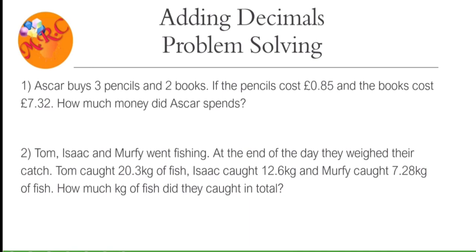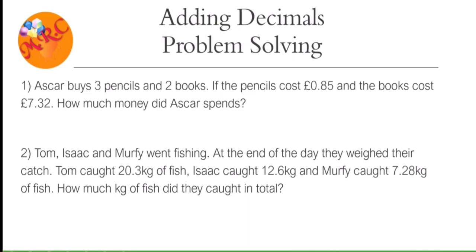Alright, so now we're at the problem solving aspect. Asker buys 3 pencils and 2 books. If the pencils cost 85 pence and the books cost £7.32, how much money did Asker spend?